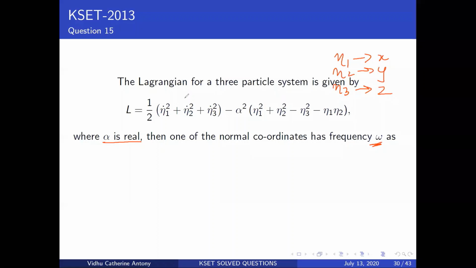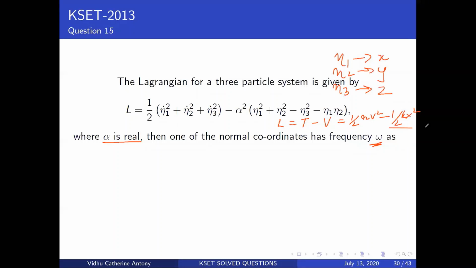Okay, so the Lagrangian of a three-particle system is given by L is equal to 1 divided by 2 times eta 1 dot squared plus eta 2 dot squared plus eta 3 dot squared minus alpha squared times eta 1 squared plus eta 2 squared minus eta 3 squared minus eta 1 eta 2. When you're usually writing your Lagrangian, you write it in this form, right? You write it as half mv squared minus half kx squared.